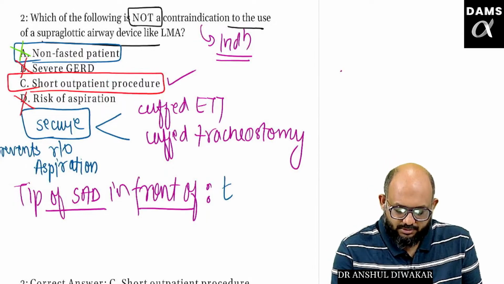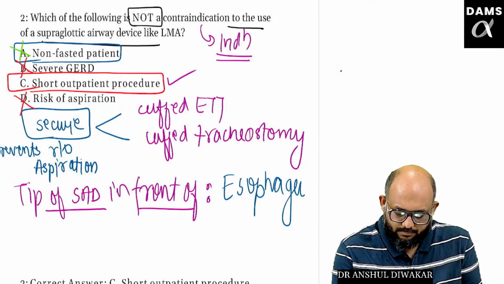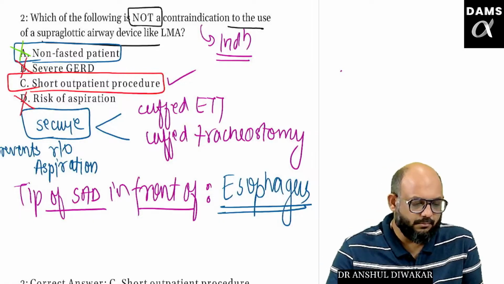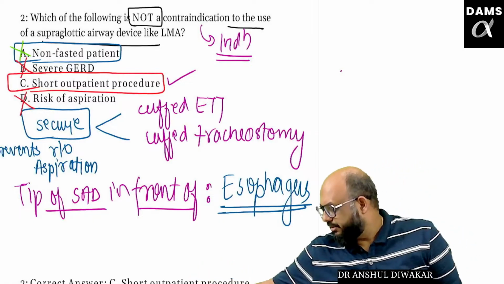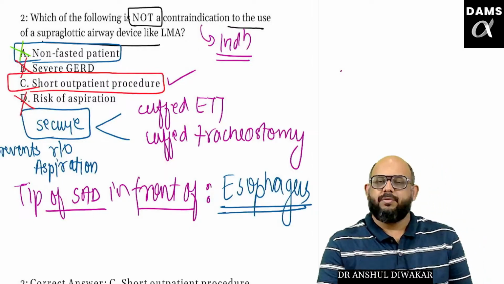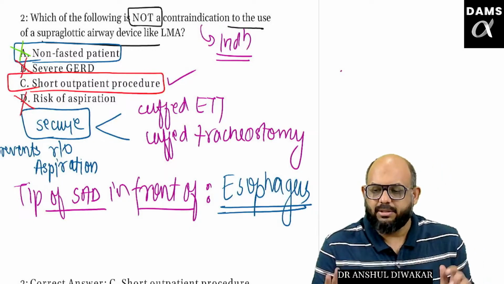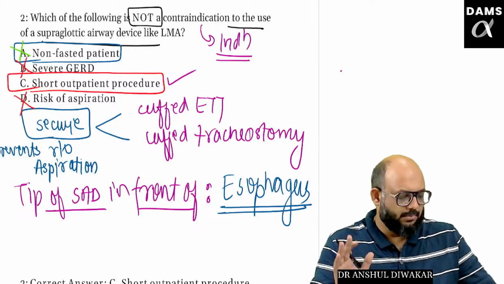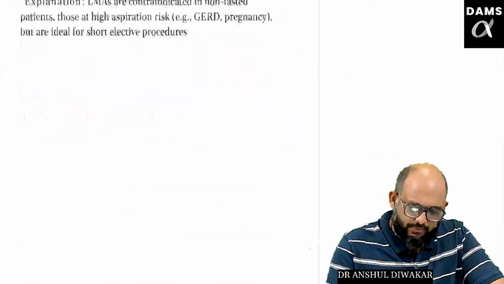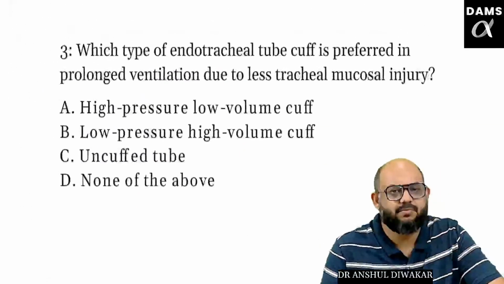Why would it reach there? It is esophagus. Isn't it? It is esophagus. All right. Yes, I know. That is what happens when we are a little bit in a hurry. So don't be in a hurry. Be calm and try to answer things after thinking. You have to do the same thing in your exam as well.